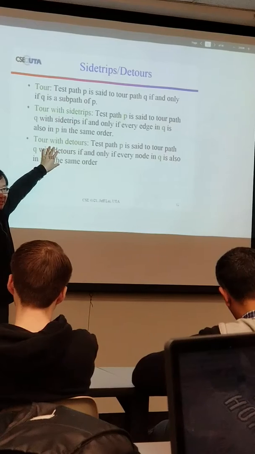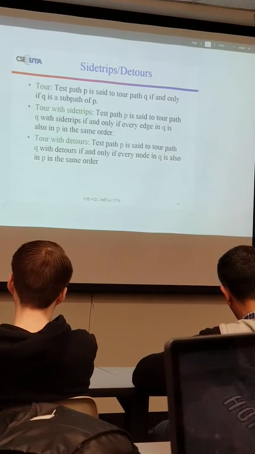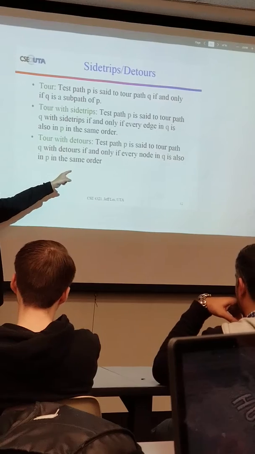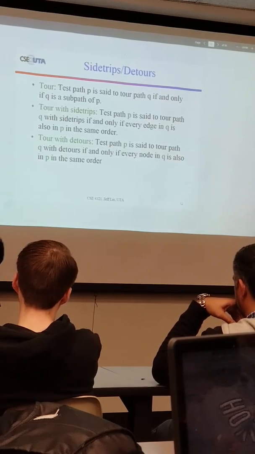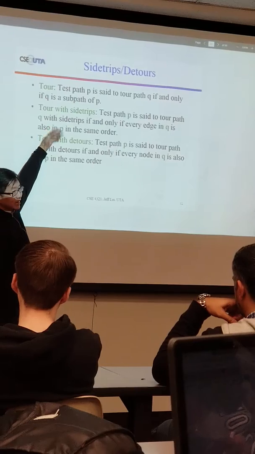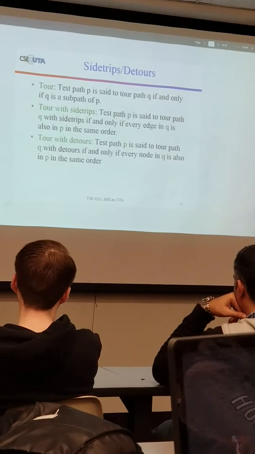Then we have the second relaxation called touring with detours. P tours Q with detours if and only if every node in Q also appears in P in the same order. So if you compare this one to this one, what is being relaxed?